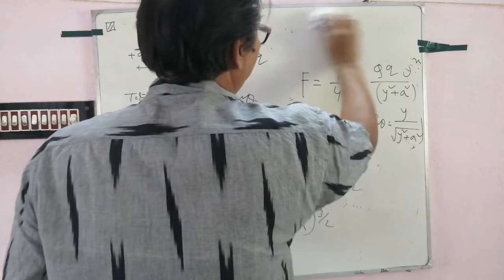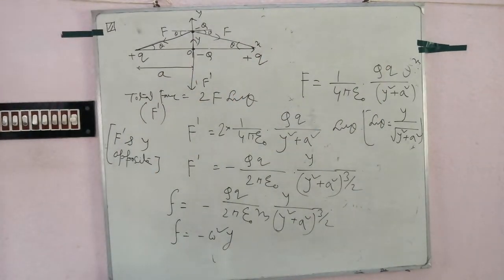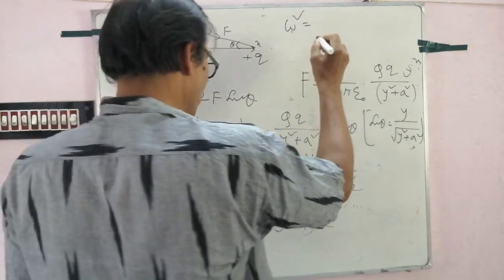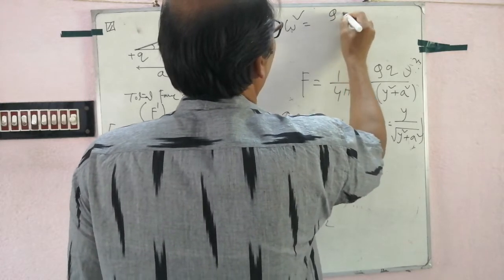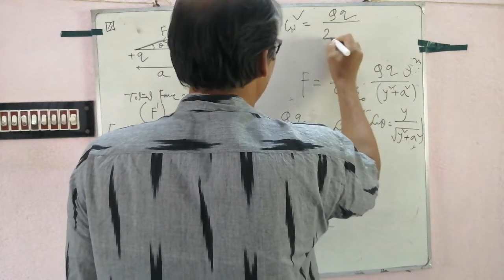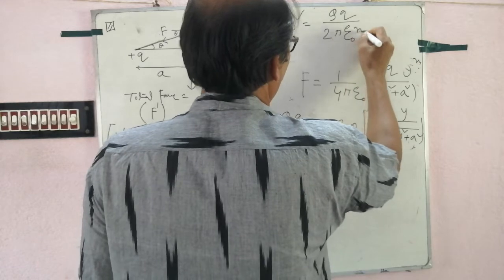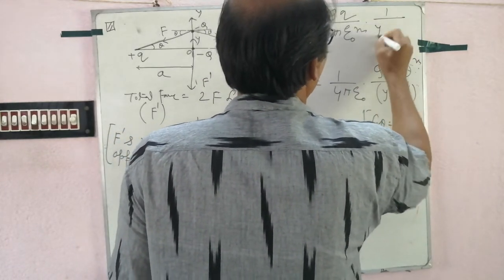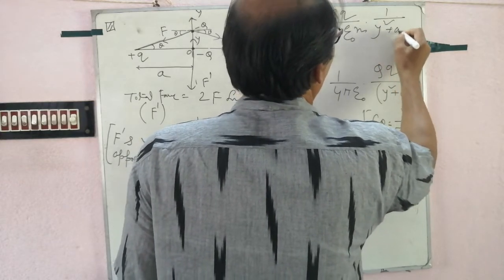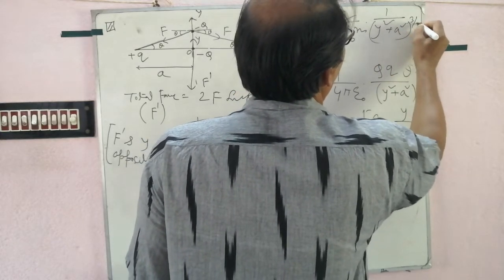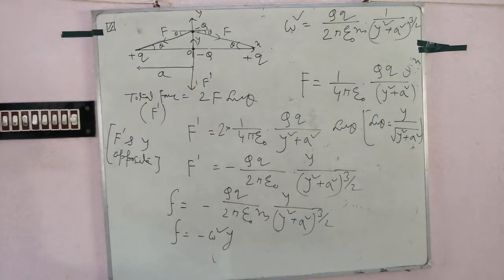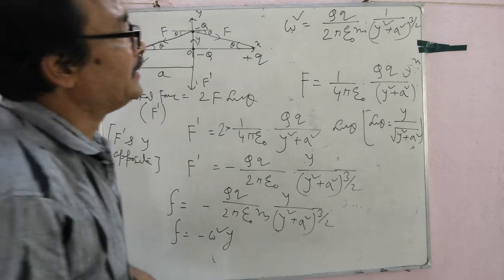Now the result will be omega square equal to Qq by 2 pi epsilon naught m, 1 by y square plus a square whole to the power 3 by 2. If we put omega equal to 2 pi by T, then you will get the result.